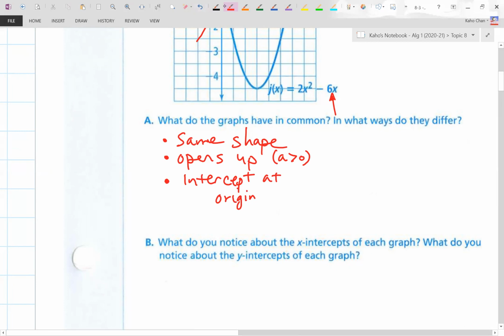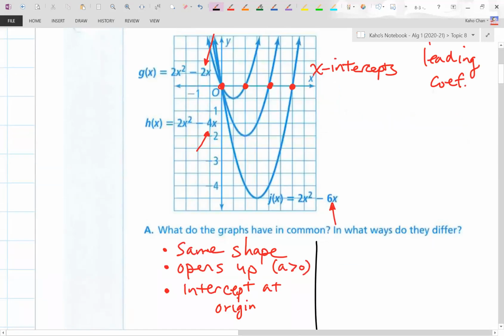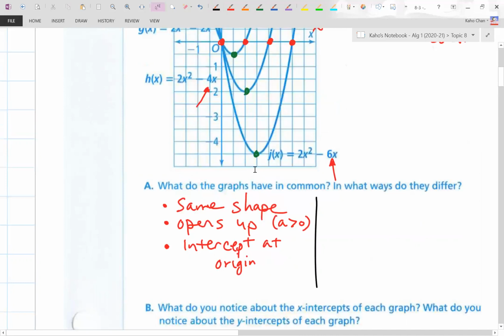Question: how are these different? Let's take a look up here again. Oh yeah, you guys see it too? They have different vertices. Interesting.